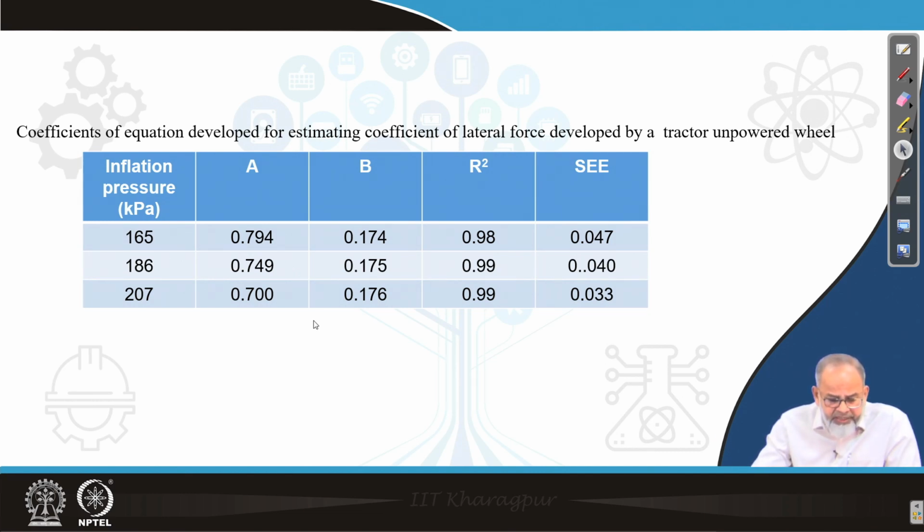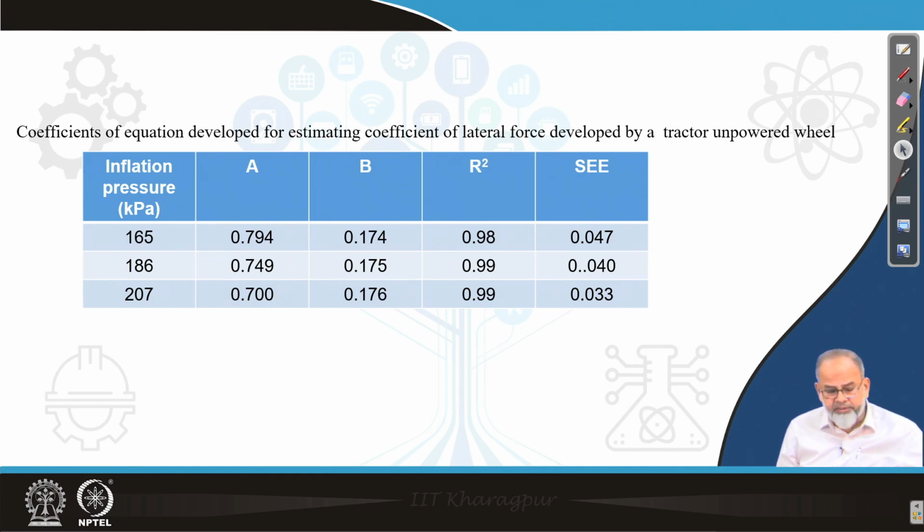But we then tried to develop, instead of calculating individually, whether we can relate A and B with inflation pressure, as we saw that this is varying. So we try to correlate these values of A with inflation pressure, and what we obtained is they are linearly related to the inflation pressure.